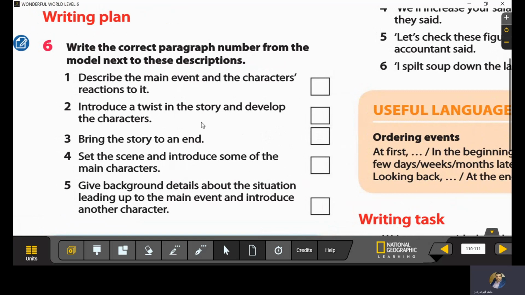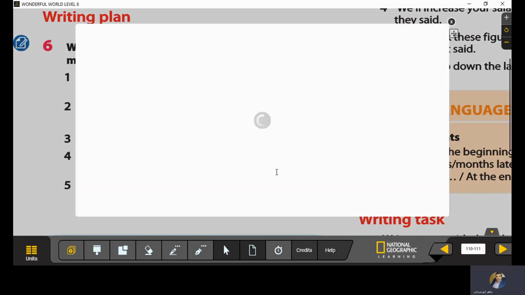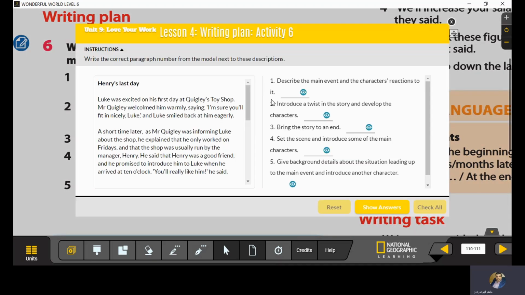Okay, now let me open it here. We need to write the correct paragraph number from the model next to these descriptions. Actually, I showed you already, but I will write them to you again. First of all, this is the first paragraph.